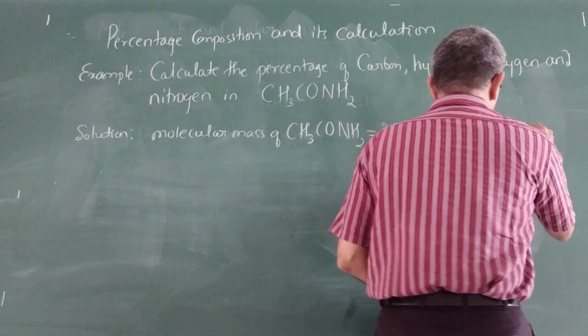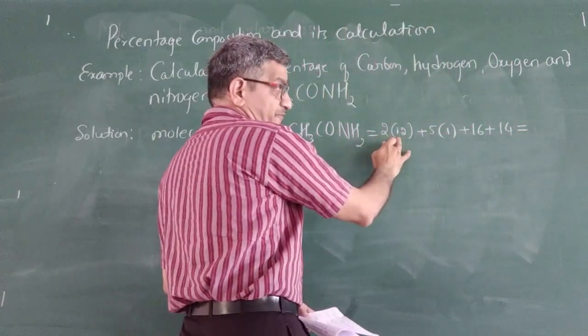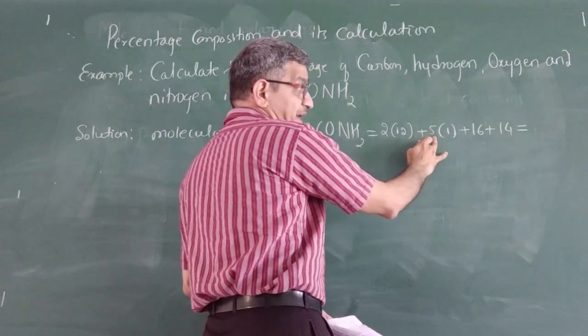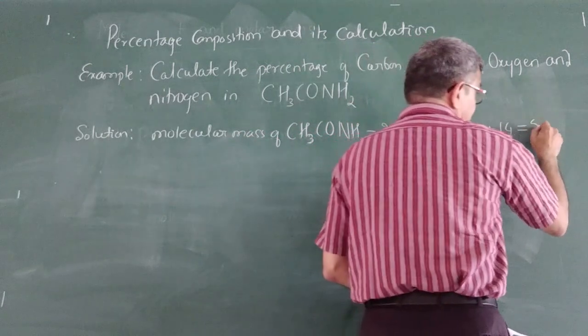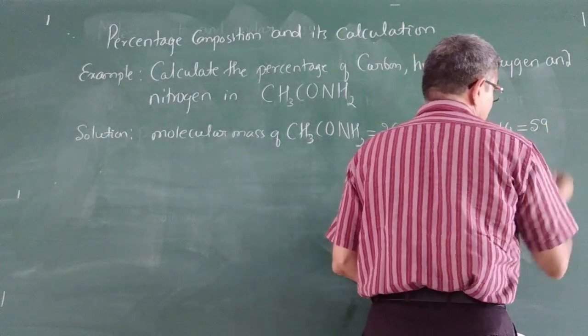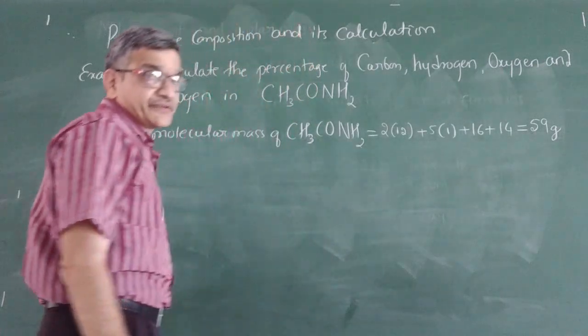Okay, so if you add this, 24 plus 5 is 29, plus 30 is 59. Okay, so 59 gram per mole, that is the molar mass.